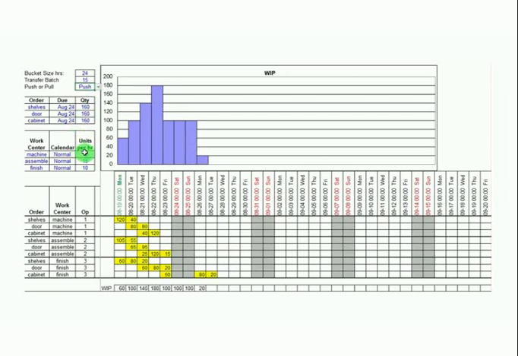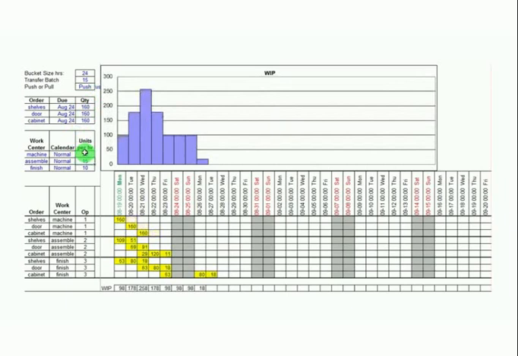Mind you, what happens if the first stage of operation has much higher capacity and you're pushing, what will happen? Naturally, the WIP will go through the roof. Let me go back and put 15 again and see.